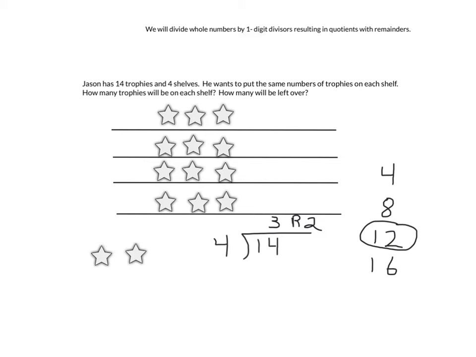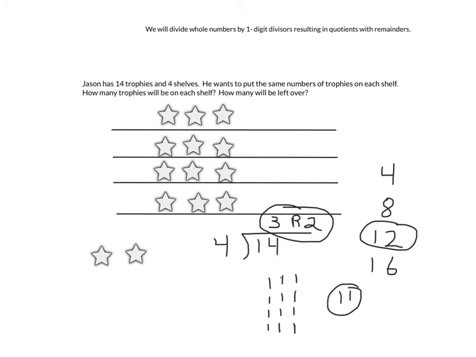Another way we could have solved that was if I drew this out and drew 14, but I put it into 4 groups, so 1, 2, 3, 4, 5, 6, 7, 8, 9, 10, 11, 12. Now I have 2 left over. So those are my remainders. So the answer to this is there's 3 on each shelf and there's 2 left over.